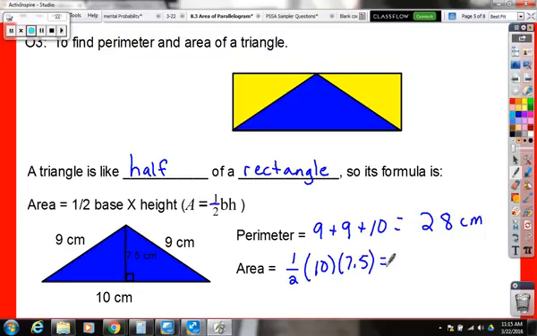It's the same thing. Liz? Would doing 5 times 7.5 work? Yeah, you could. So she's asking, could you half 10 right away and just do 5 times 7.5? And you could. That would definitely work. You get 37.5 square centimeters. Okay, so we're going to stop here with this for today.